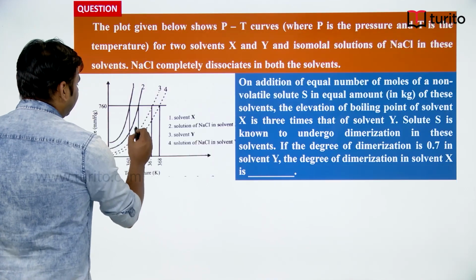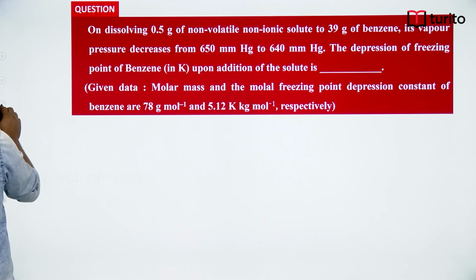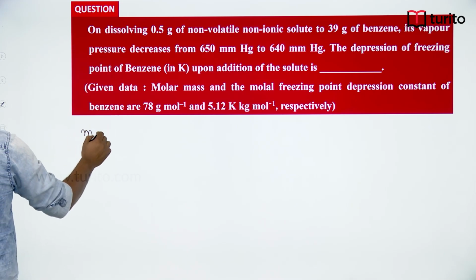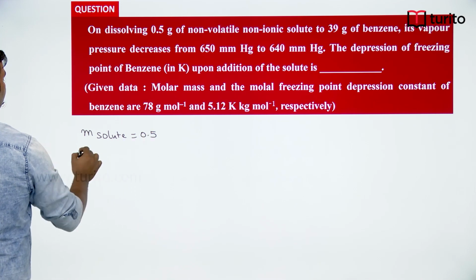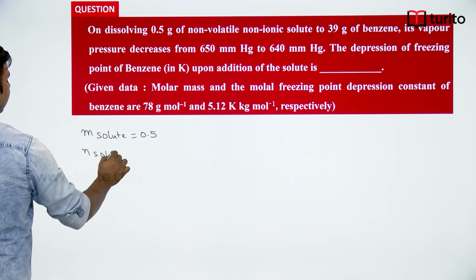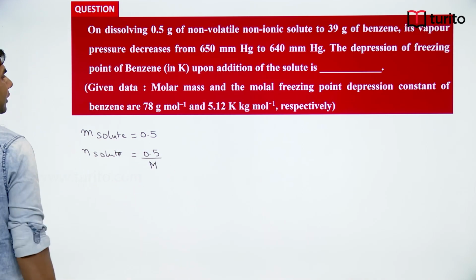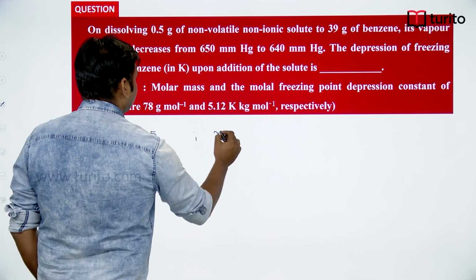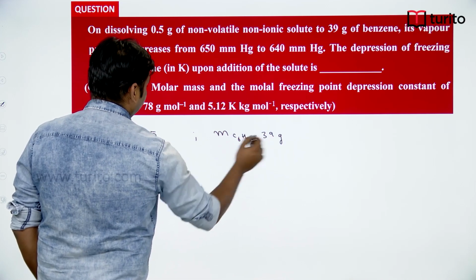So we know that the mass of solute over here is 0.5. Let the molar mass be m, so the moles would be 0.5 upon m. Similarly, the mass of benzene, which is the solvent, is 39 gram.